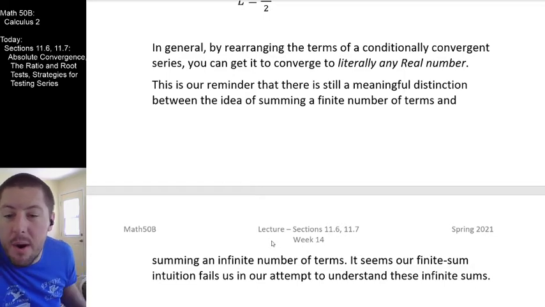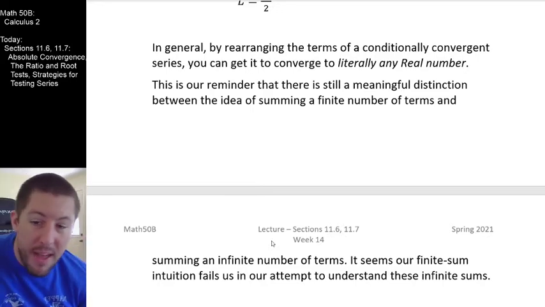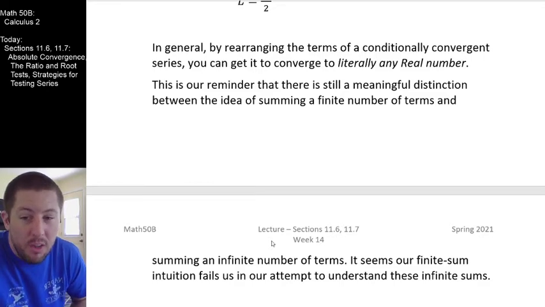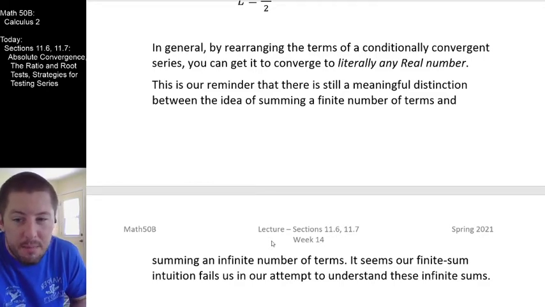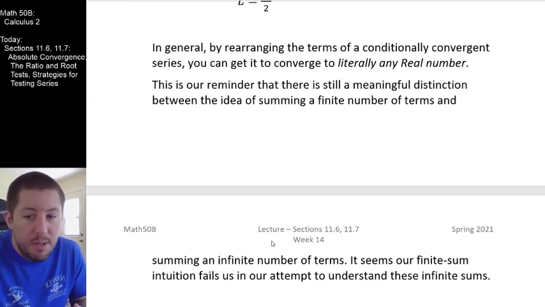So it seems like our finite sum intuition has failed us in our attempt to understand infinite sums. And that's all we've been doing this whole time anyways, hoping that our understanding of how regular old addition works between two finite numbers can be extended to apply also to an infinite number of numbers being added together.